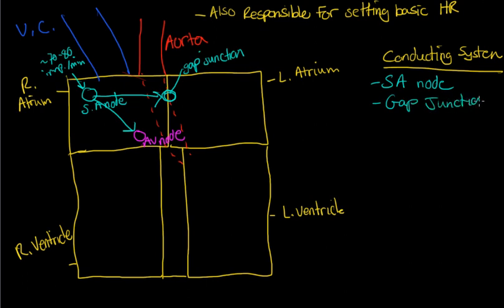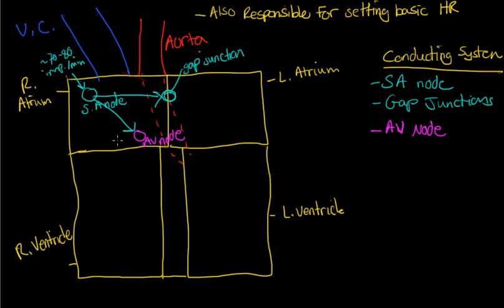Move on to the AV node. From the AV node, the signal is going to propagate from the atrium down to the apex of the heart. And it's important to know that the atrioventricular sulcus is not able to pass conduction through.